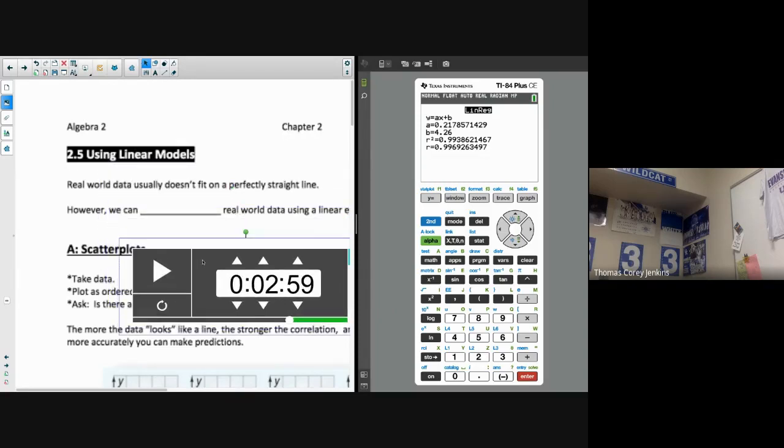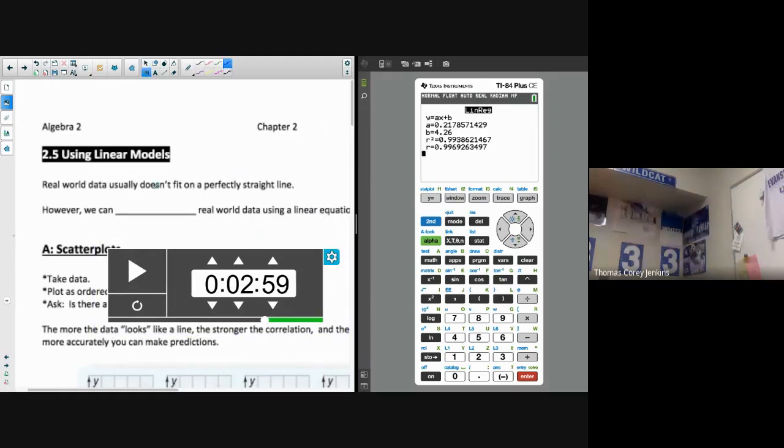The first thing says real world data doesn't usually fit on a perfectly straight line. However, we can model real-world data using a linear equation. That really should say some real-world data, because some real-world data doesn't even follow a line either. Sometimes it's other regression, but for right now, we're going to use linear.